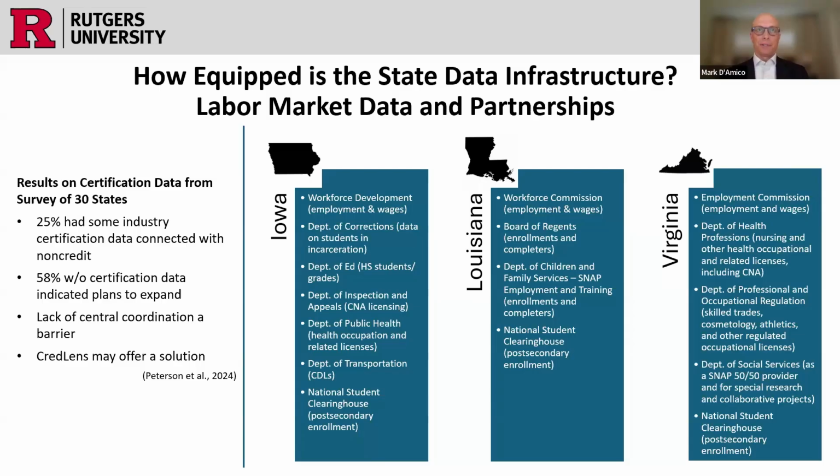But you'll also see many other partnerships here across the states to try to match with state licensure. Iowa is a great example. So they partner with their Department of Inspection and Appeals for CNA licensing. They partner with their Department of Public Health for other health occupation licensing, their Department of Transportation for commercial driver's licensing. So they can track for those related programs within their state's community colleges.